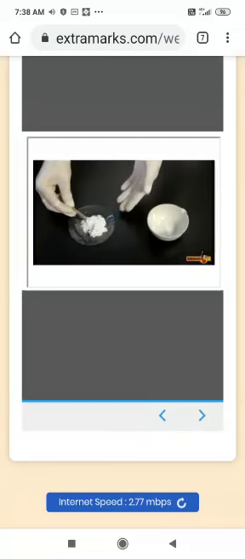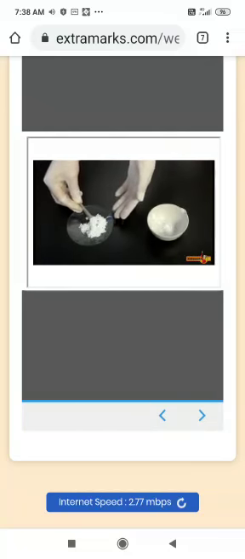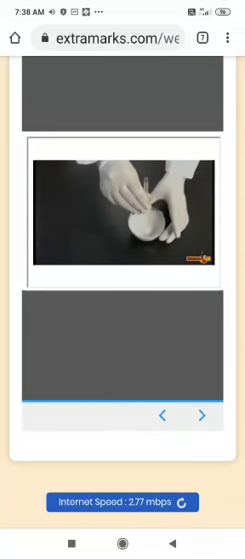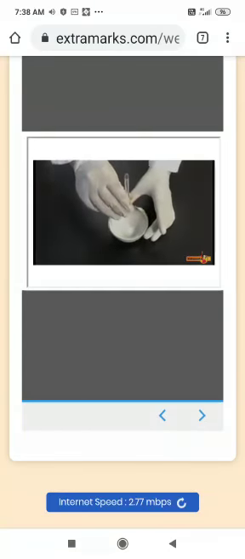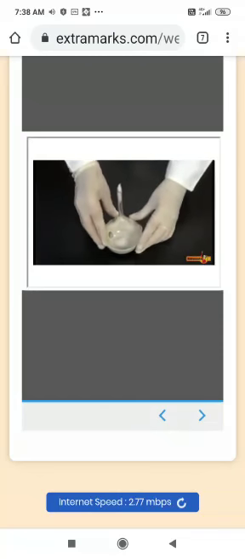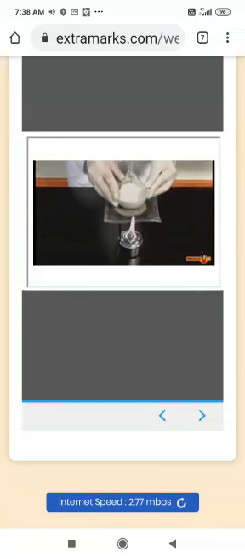Take some ammonium chloride in a china dish. Invert a glass funnel over it. Plug the stem of the funnel with the cotton wool to prevent the vapors from escaping into the air. Heat this mixture.